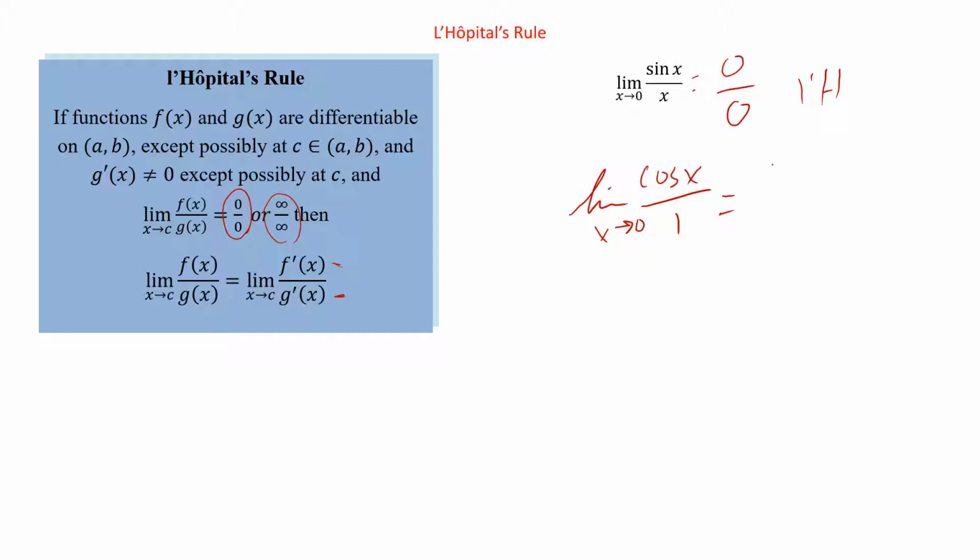Cosine of 0 is 1 over 1, which just equals 1. So the limit as x goes to 0 of sine of x over x equals 1, which is what I told you it equaled before, but it's nice to see some verification.